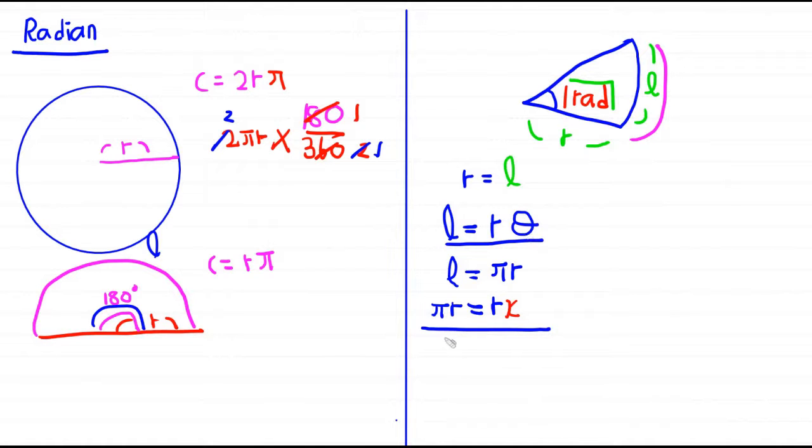We can divide both sides by r in order to isolate x, and you will be left with pi is equal to x, which is 180 degrees. So right over here, we figured out that 180 degrees is equal to pi radians.